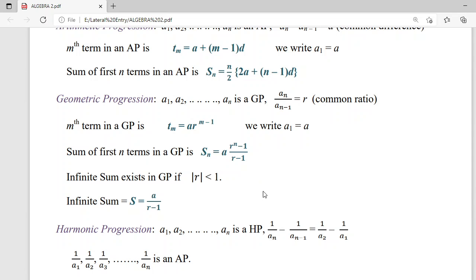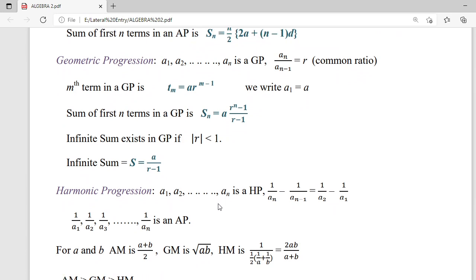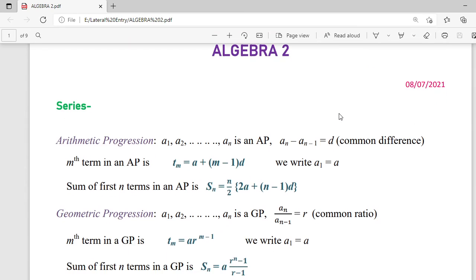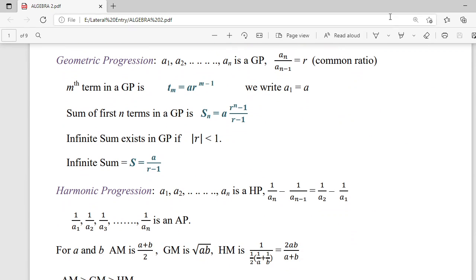It comes from calculus, but this formula I am just giving you. It is a by r minus 1, or 1 minus r, like that. Actually, sorry, I need to correct this. It is not r minus 1.